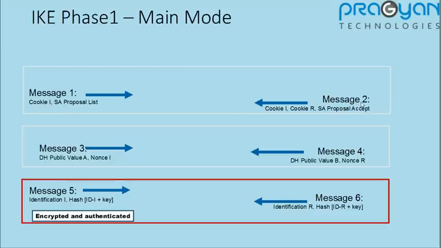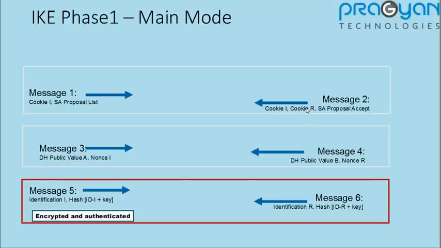And then once this phase 1 message is received by the responder, this is a UDP packet, UDP port 500, and the responder is going to respond with its own IKE packet, which is message 2. In message 2, the initiator cookie is going to remain the same as what was there in message 1, and then it's going to add the responder cookie.